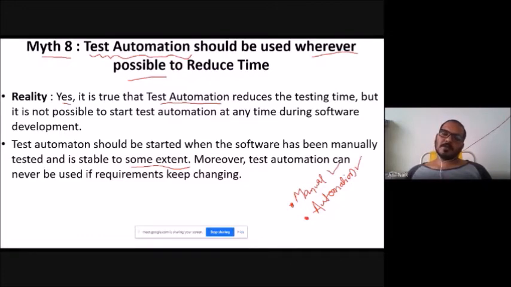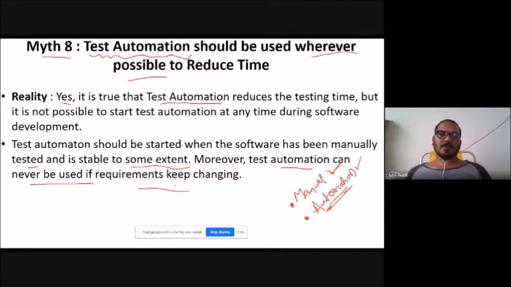Or sometimes, to reduce the time, they will go for automation testing. Some industries will even go directly for automation to reduce the cost. So test automation should be started when the software has been manually tested and is stable to some extent. Moreover, test automation can never be used if the requirements keep changing.